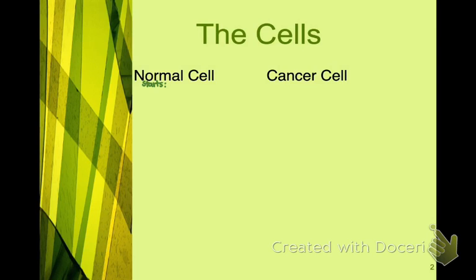So let's talk about the cells. We're not going to spend a lot of time here, but in order to really understand this, you've got to understand a little bit what's going on at the cellular level. So I told you what, and now we're going to talk about the how. It starts at the cellular level. It starts as an undifferentiated cell.